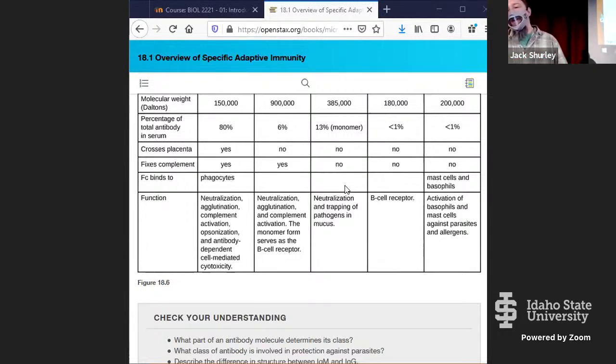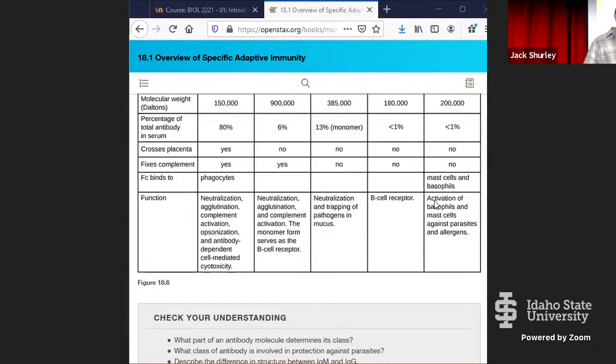And the last one: either stimulating phagocytic cells with IgG, or IgE at the end of the table. This is where we start seeing issues, allergic reactions. The Fc region on an IgE molecule stimulates and interacts with mast cells and basophils, receptors on the mast cell.